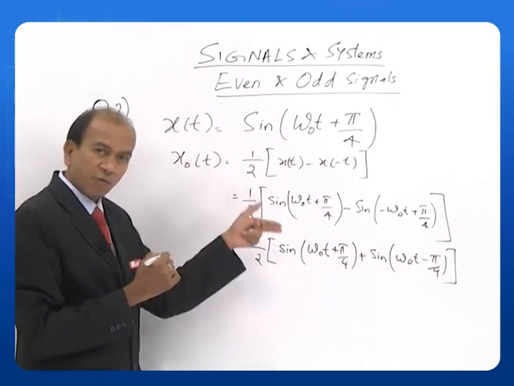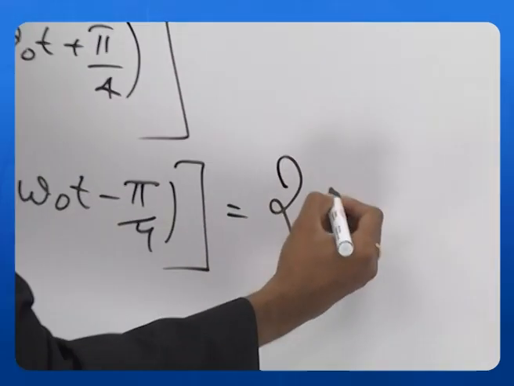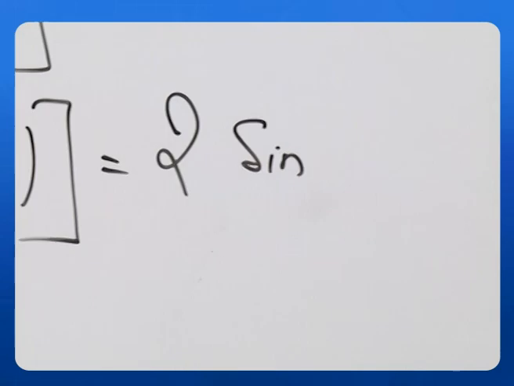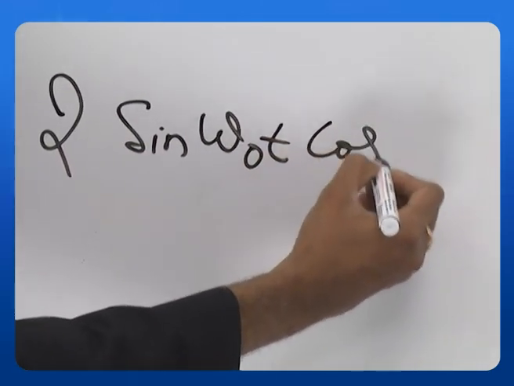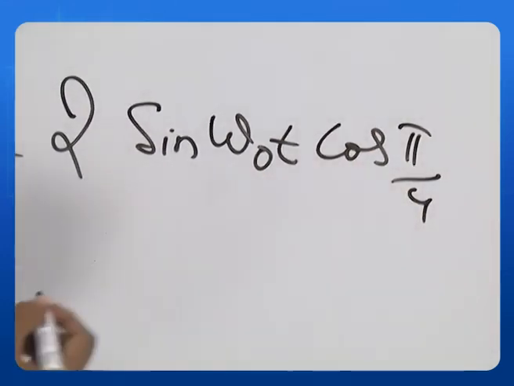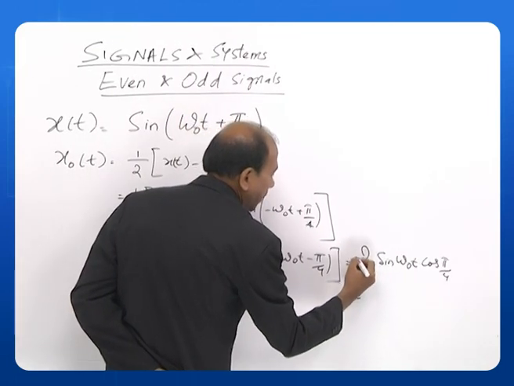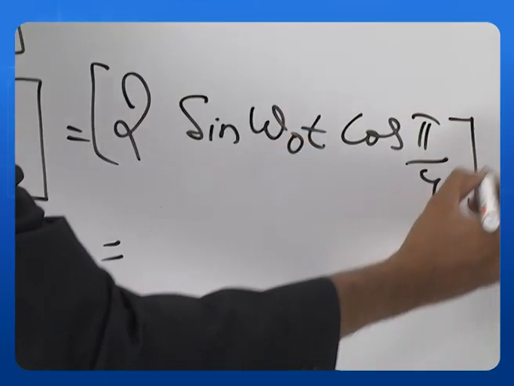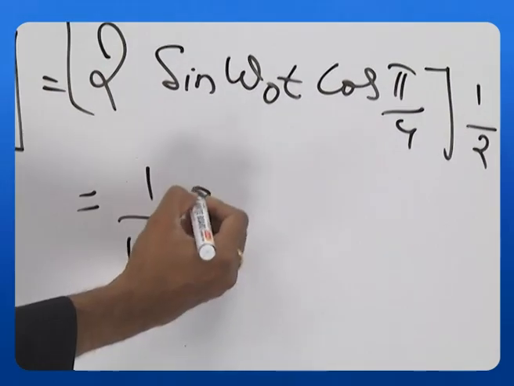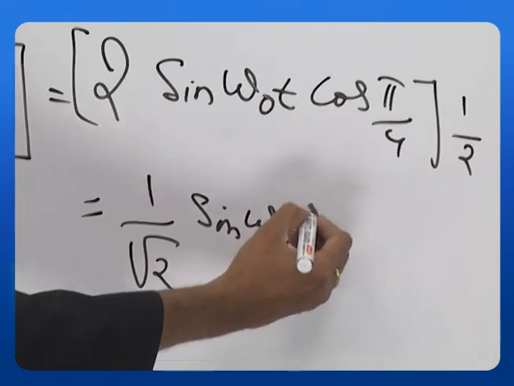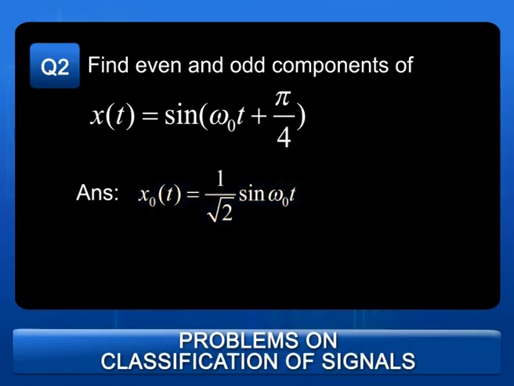So, let us use that formula here and then write it here. So, this will become 2 sine omega naught t into cos pi by 4. So, this will be equal to, here half is also there. So, half. So, this will become 1 by root 2 sine omega naught t. So, this is the odd component of your given signal.